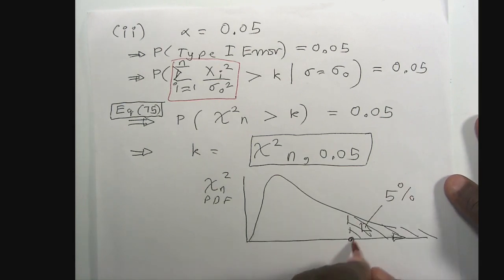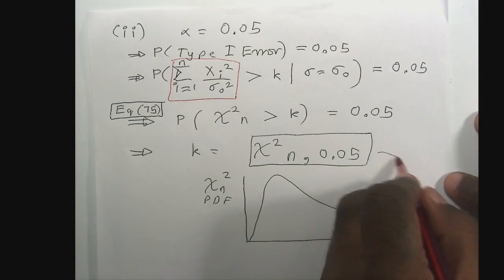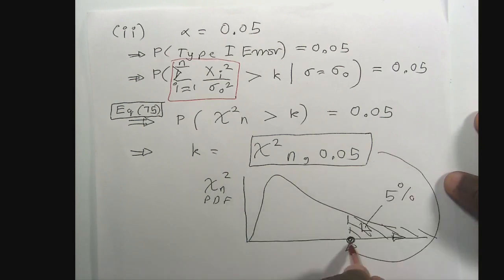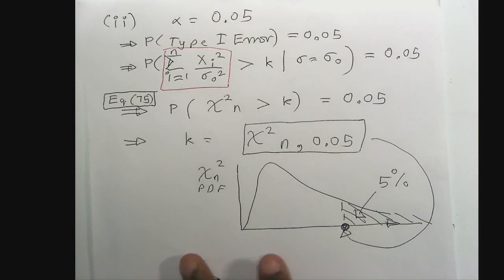So this point here is equal to this. So in my lecture notes I have always used percentiles to correspond to the right tail, or the right-hand side.